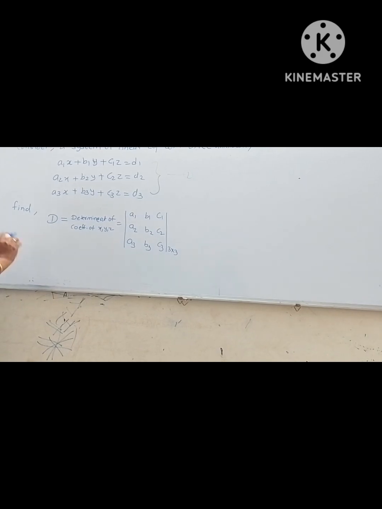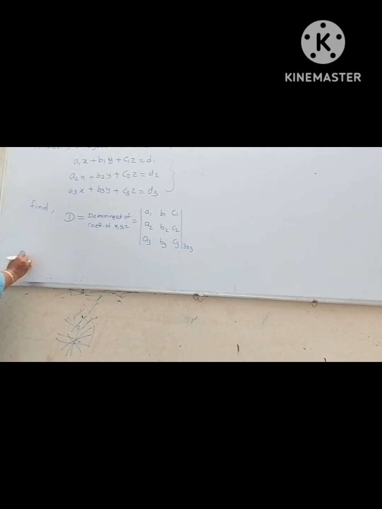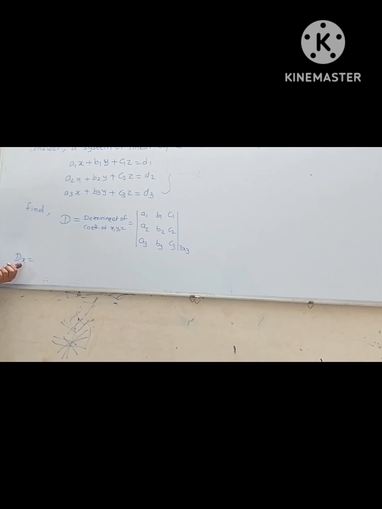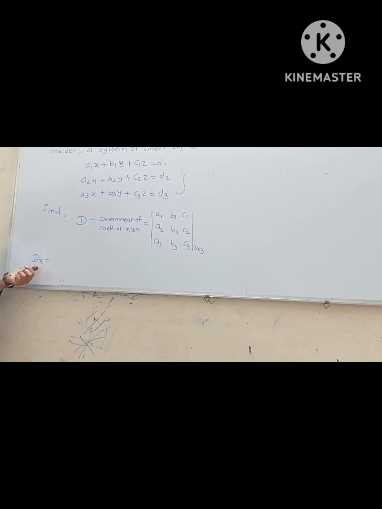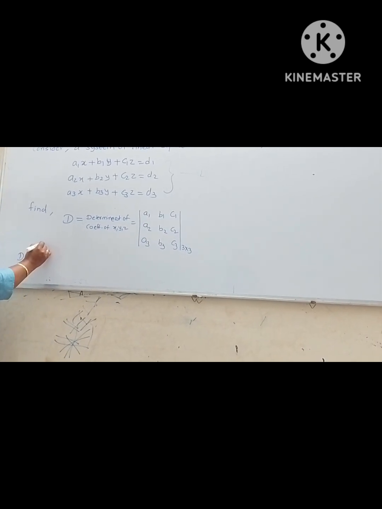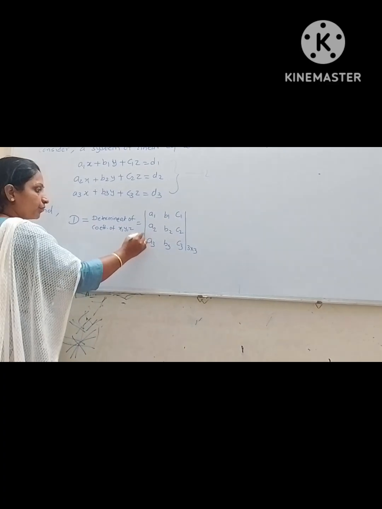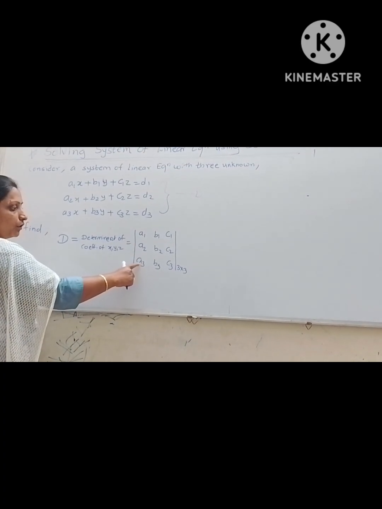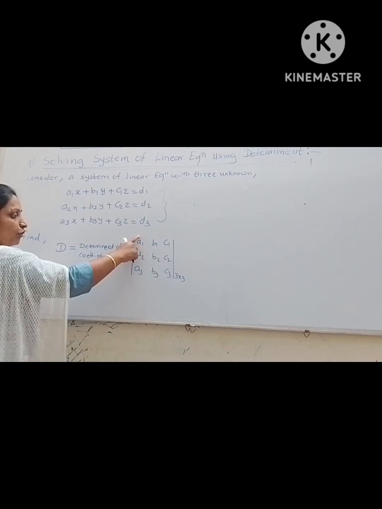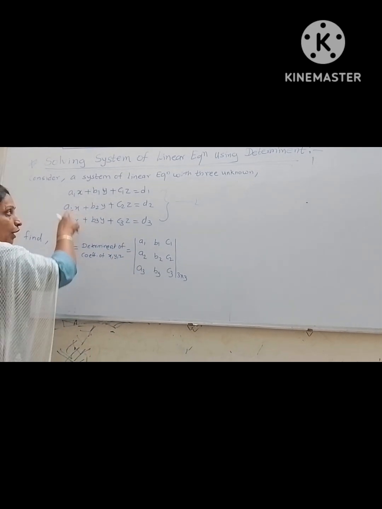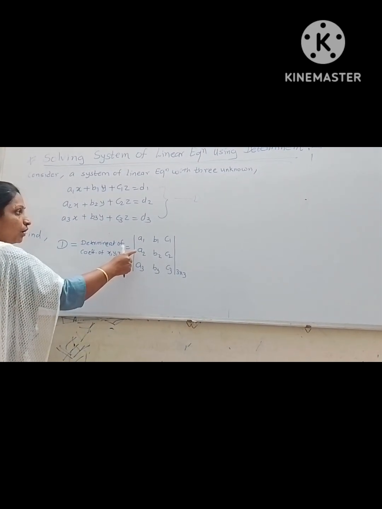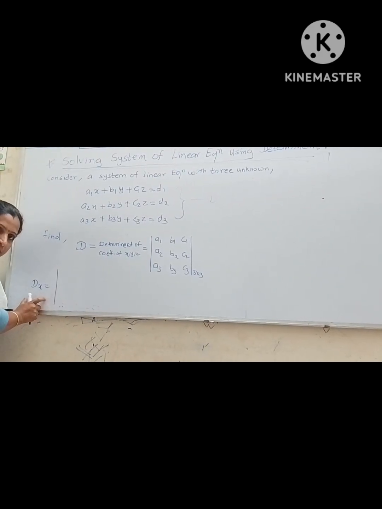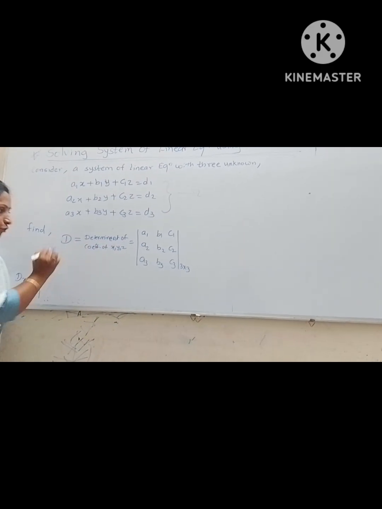Now find Dx. How to find Dx? Remove the first column, which is the coefficients of x, and replace it by the constants.